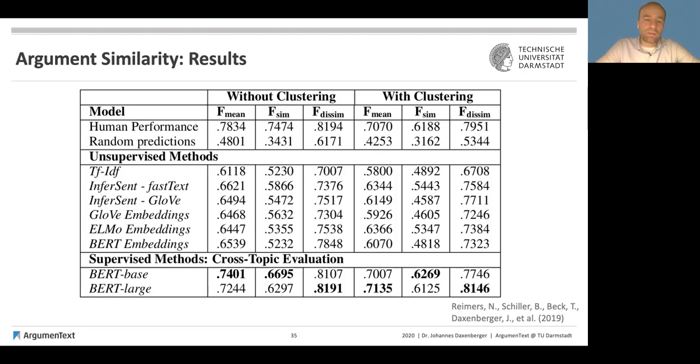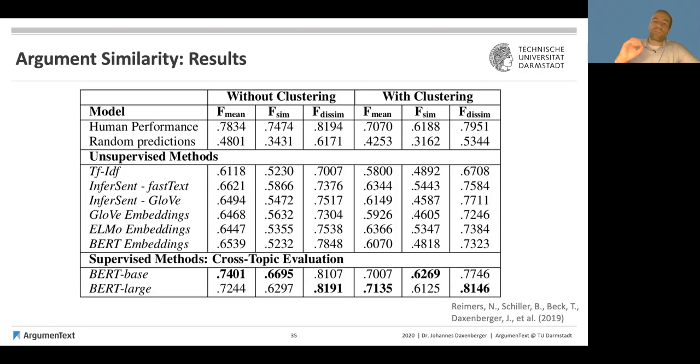And in the middle, you see the unsupervised methods, the collection of different and popular sentence embedding methods like fastText or InferSent. And all of these are already in the 60s, so that is not too bad. However, the supervised methods are much better by almost 10 percentage points. And this again is pretty close to human performance, which you can see in the uppermost row.